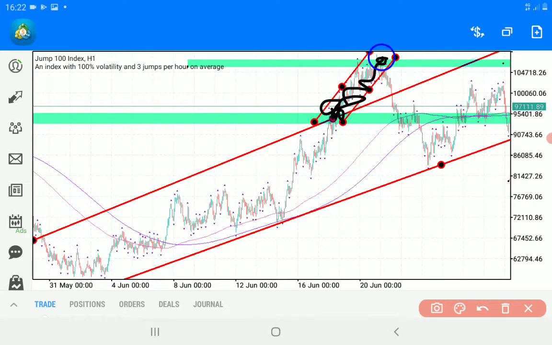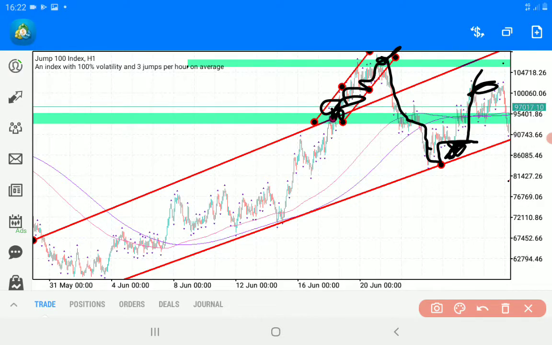When it gets there, you sell, and then you hold. Maybe you will just be moving your stop loss, right? Then when it gets somewhere there, you buy it again. You buy it, it goes up, you just keep moving your stop loss.